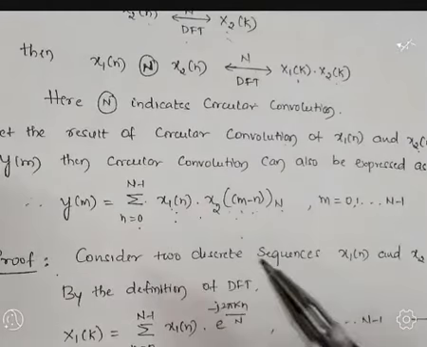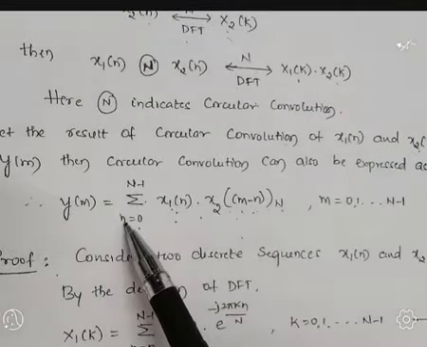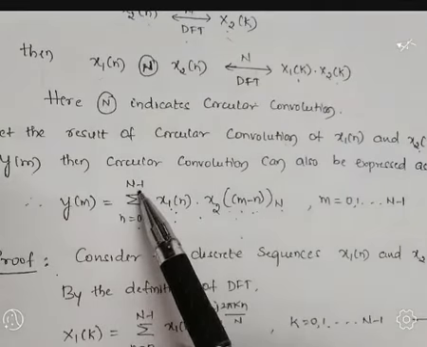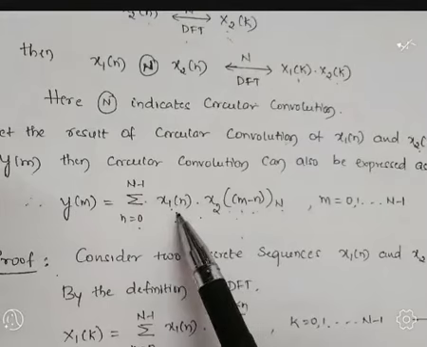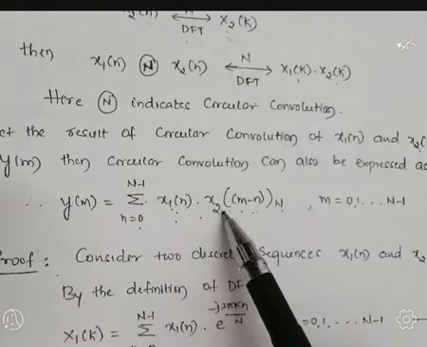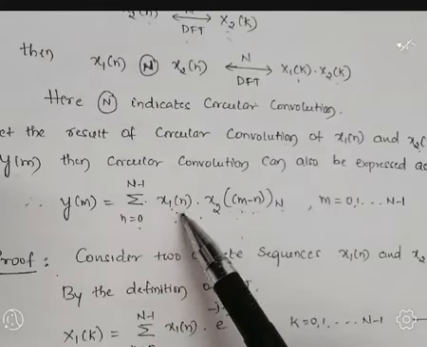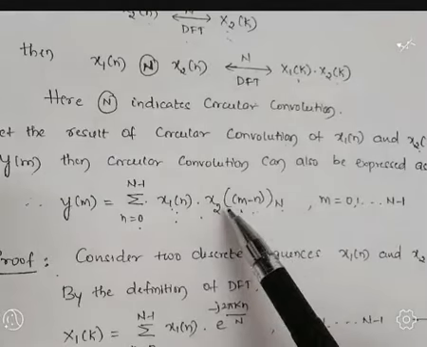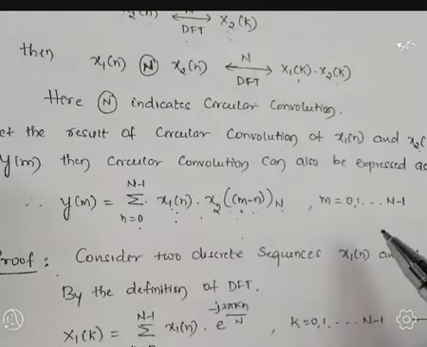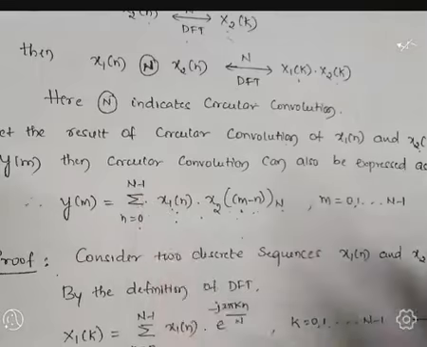We continue these operations until we reach n equal to capital N minus 1. Summation means addition: the first shift of the second sequence multiplied with the constant first sequence, plus the second shift of the second sequence multiplied with the first sequence, plus so on up to n equal to capital N minus 1. So this is about the equation.